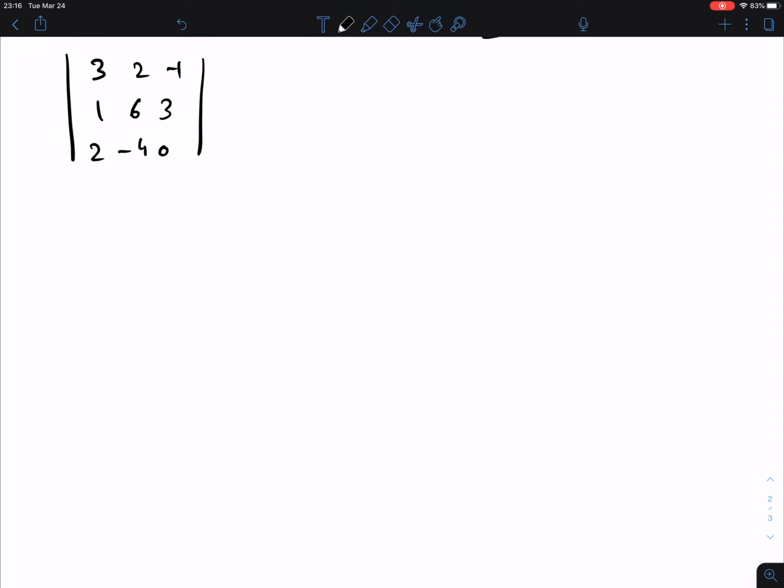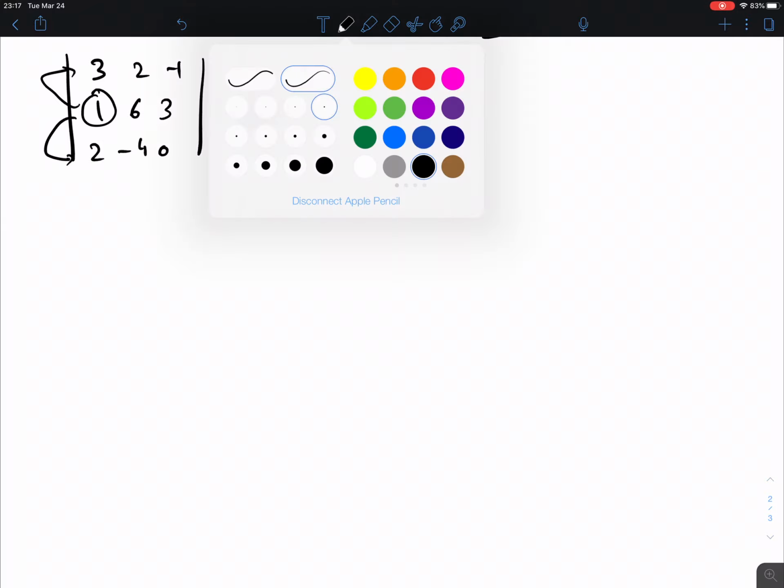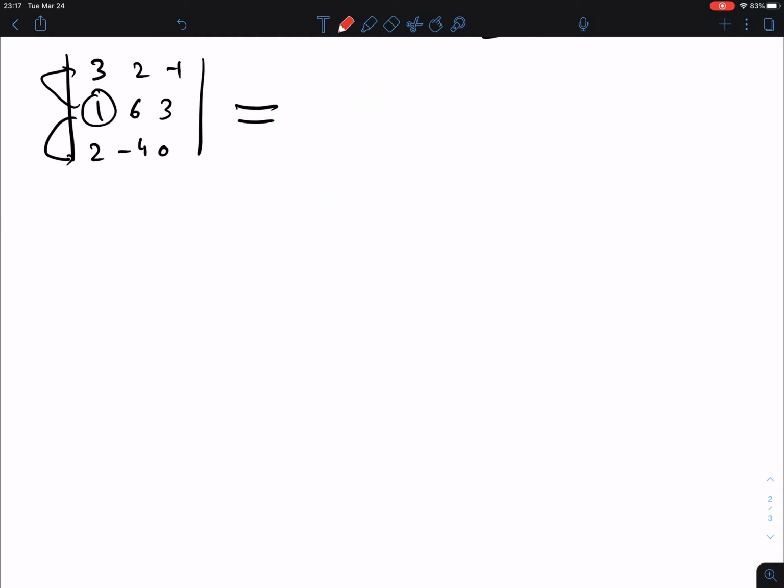I'm going to do row reduction. And remember, the technique of row reduction is a little bit flexible. I don't really have to make an echelon form. I am using whatever pivot that I have. I have this pivot here, and with this one, I can make a 0 there, and I can make a 0 there. Of course, I have to do this using valid row operations. So one valid operation is to replace row 1 by row 1 minus 3 times row 2, right?